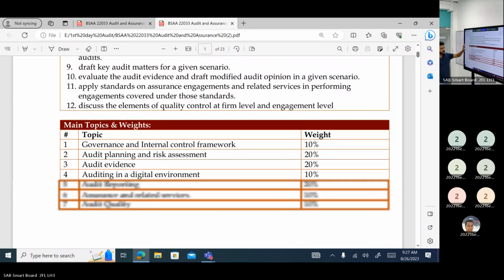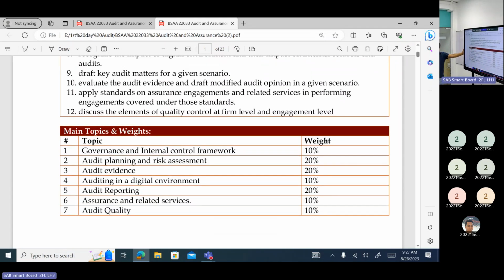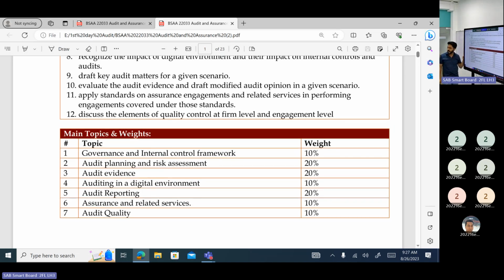Before that, we need to know the content of the subject. Audit and assurance, we have 7 topics. We can elaborate this course around 14 topics, not more than that.